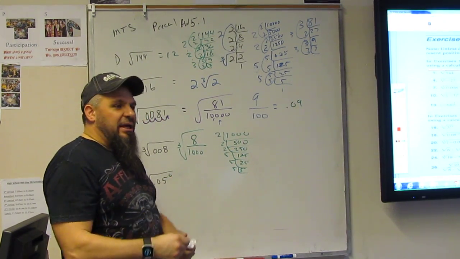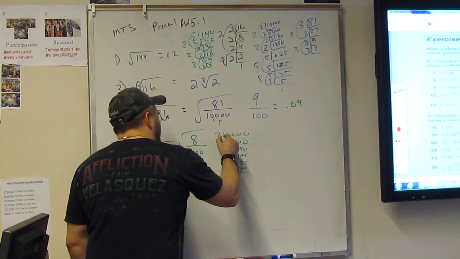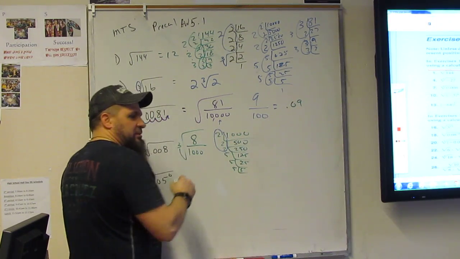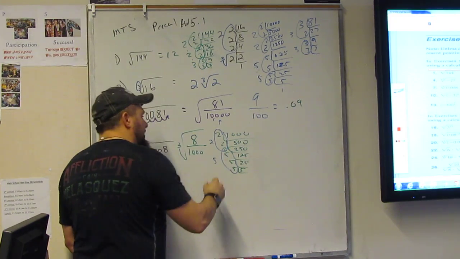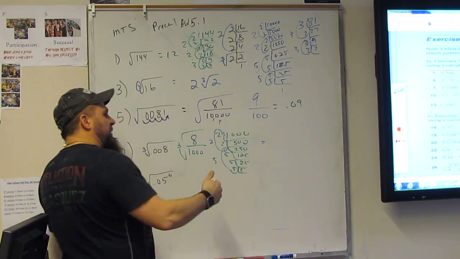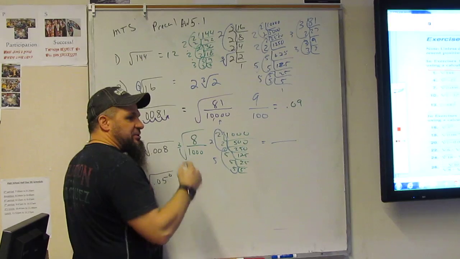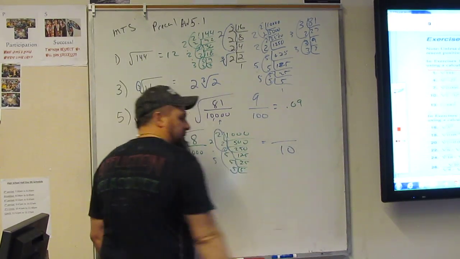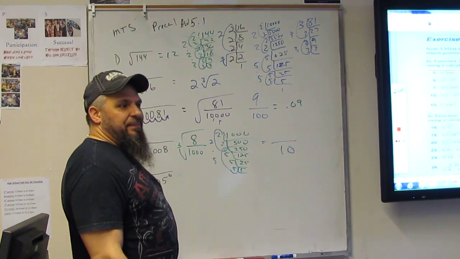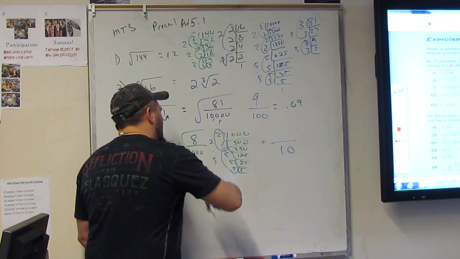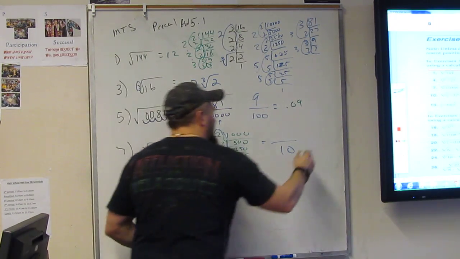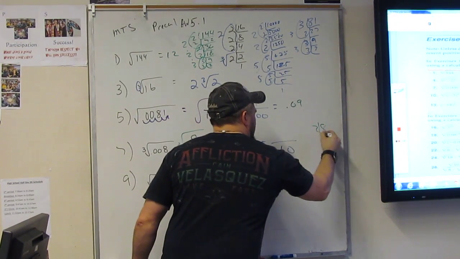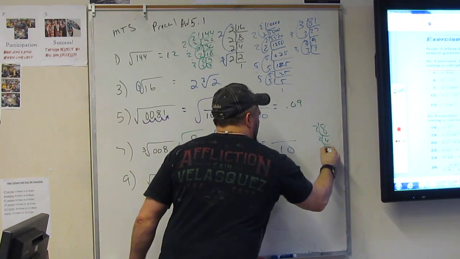Now, what did we get? Take out our triples. So that's a 2. And our triples. And that's a 5. So what we're left with on the bottom is 2 times 5, which is 10. And then what's left on the top? Well, we're taking the 8. We're going to break down the 8. That's 2, that's 2, and that's 2.